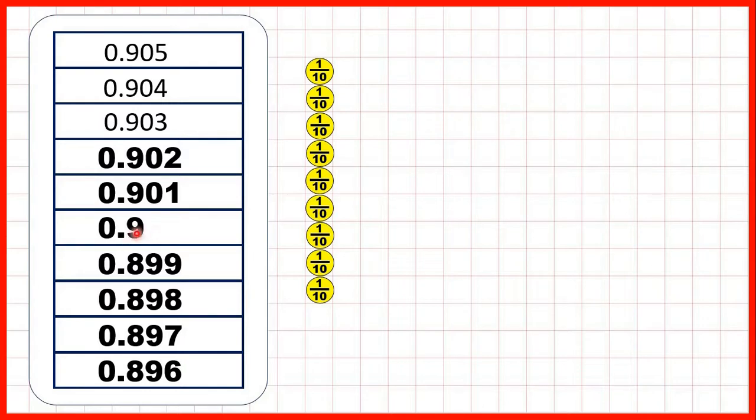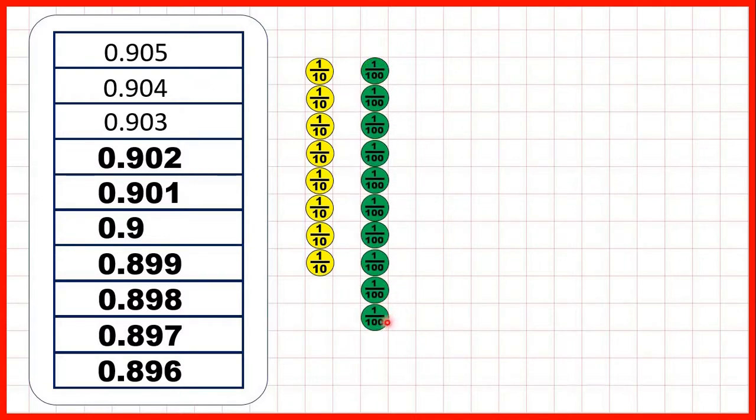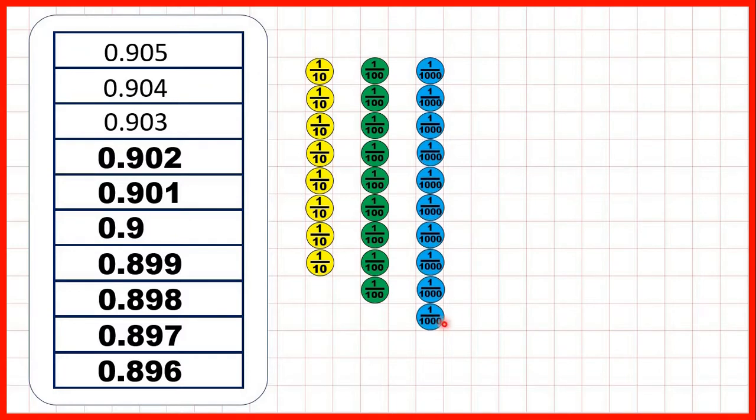But then when we get to 0.9, so 9 tenths, we need to exchange one of our tenths for 10 hundredths. But because we want to count back in thousandths, we can take one of our hundredths and exchange it for 10 thousandths.